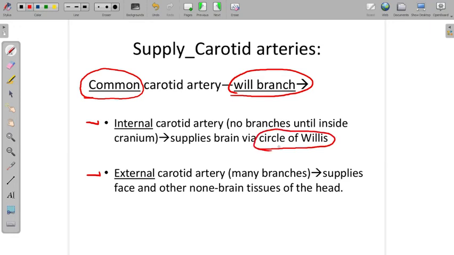We'll take a quick look at that. The external carotid has many branches and supplies the face and head tissues, everything but the brain. So that's where we will spend most of our time, is studying branches of the external carotid artery.